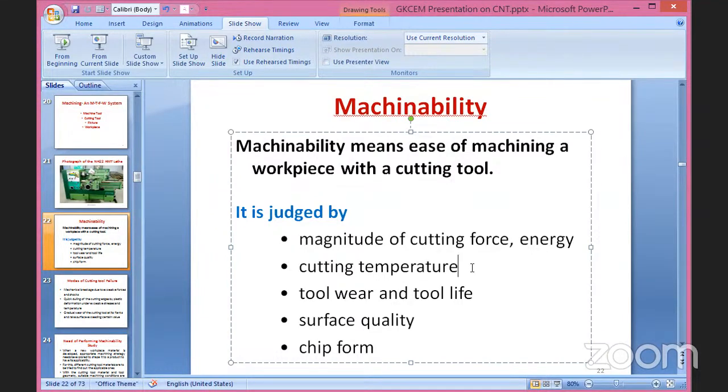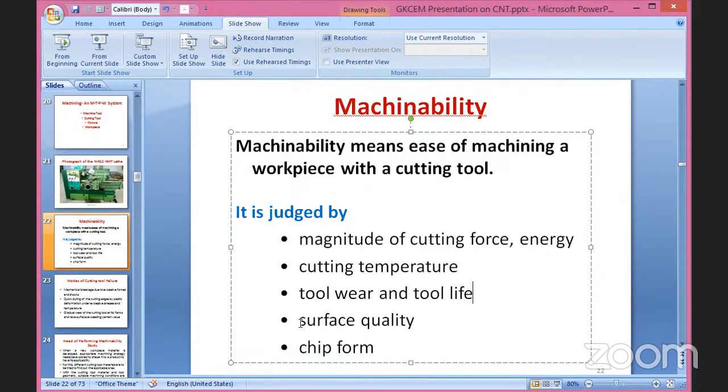Then the cutting tool wearing and tool life should be properly managed, because we require higher tool life, so that tools will not be reground or thrown away after reaching their life. So the tool wearing rate should be as low as possible. Mind that we cannot stop tool wearing, but we can reduce it by selecting certain ways and means.